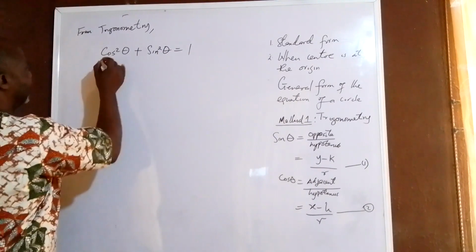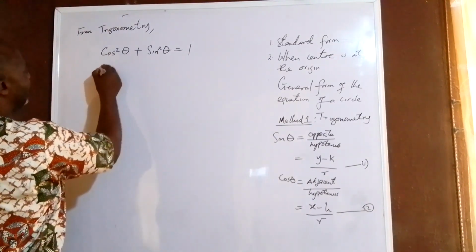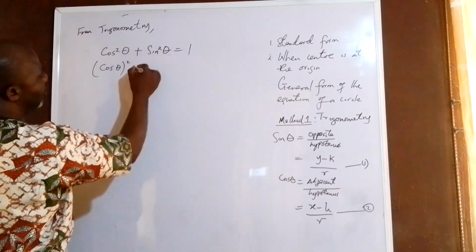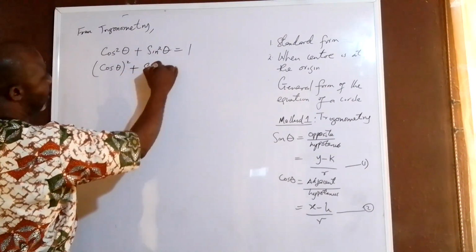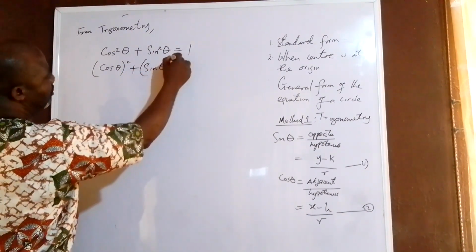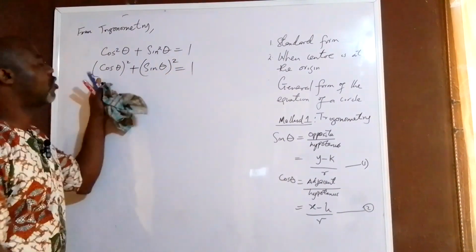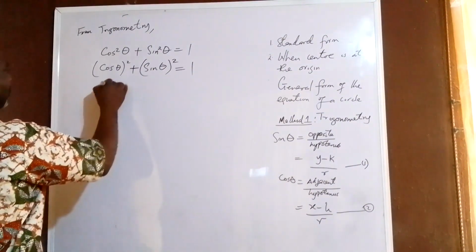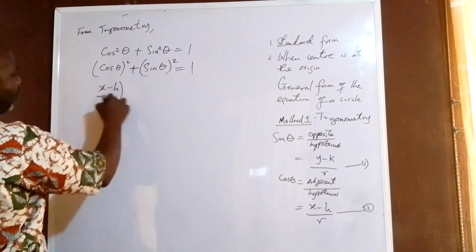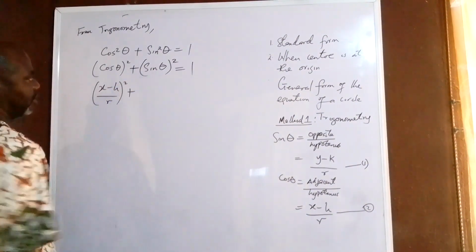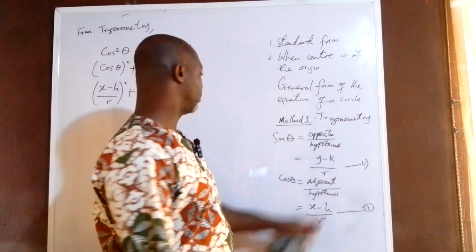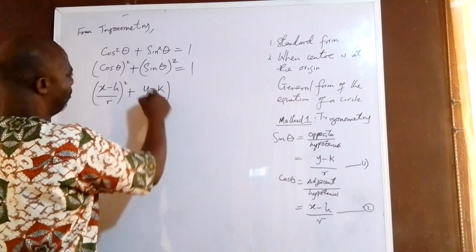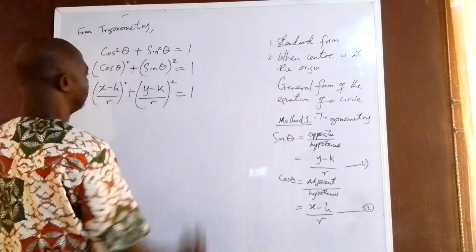We know that the meaning of cos square theta is cos theta squared, and the meaning of sine square theta is sine theta all squared, equal to 1. So cos theta is x minus h over r all squared plus sine theta is y minus k over r all squared equal to 1.